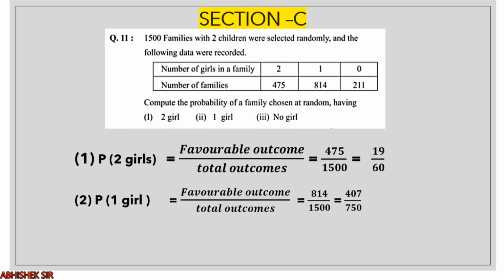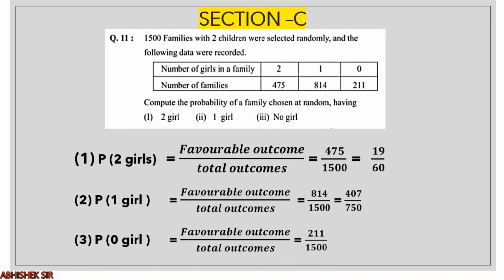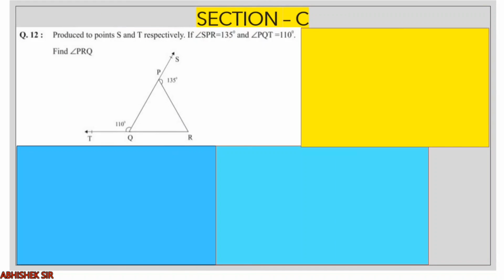Probability of one girl, favorable outcome upon total outcome, 814 upon 1500, cancel it by 2, you will get 407 upon 750. Next is probability of 0 girls, and 0 girls were how many families? 211. So 211 upon 1500. Okay. Moving on to our next question. Now this question was comparatively the lengthiest of all.